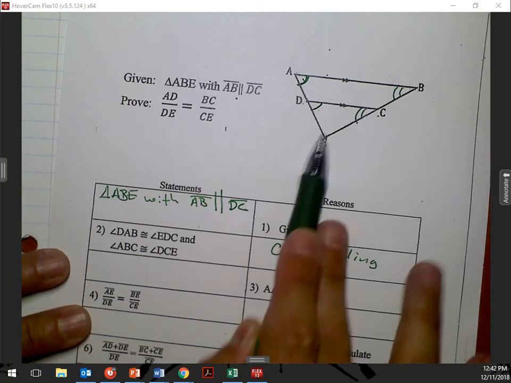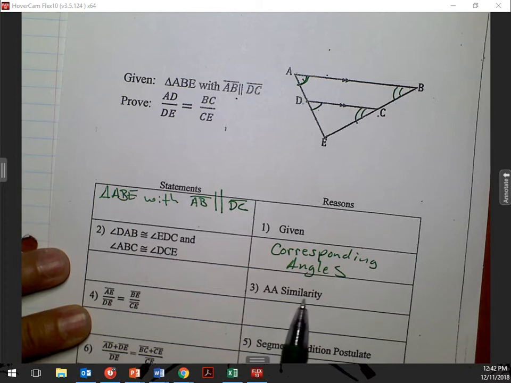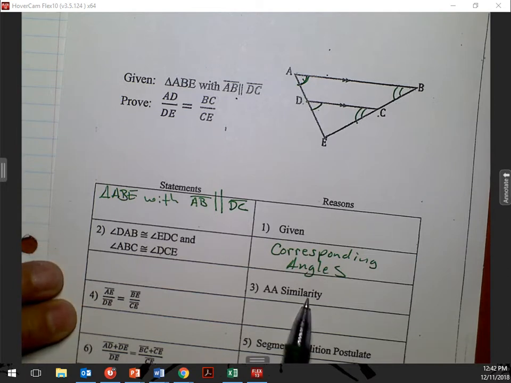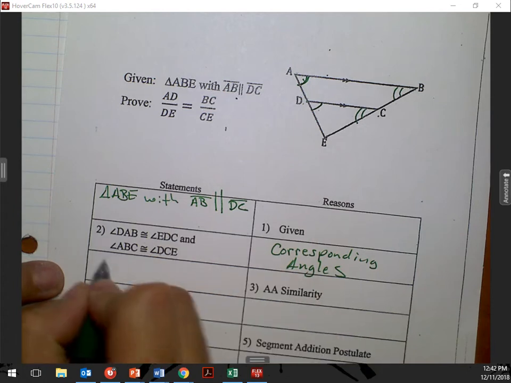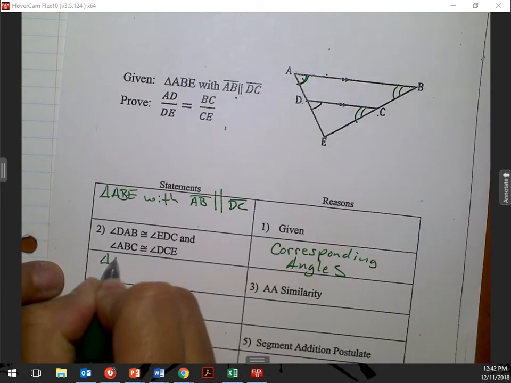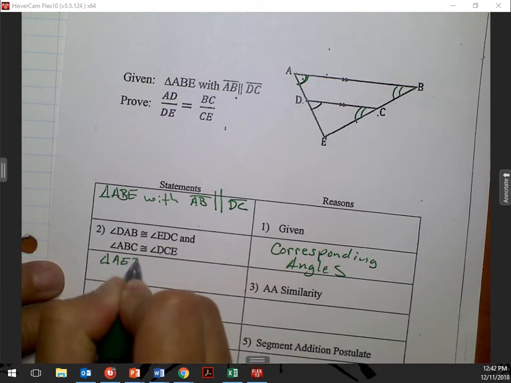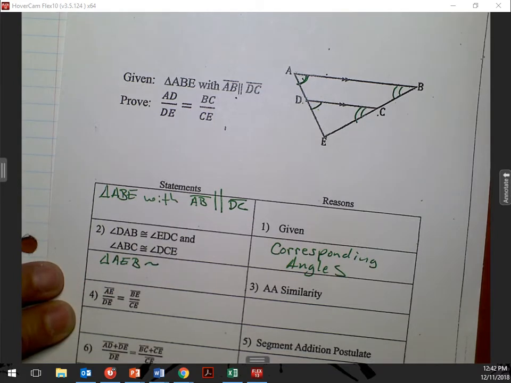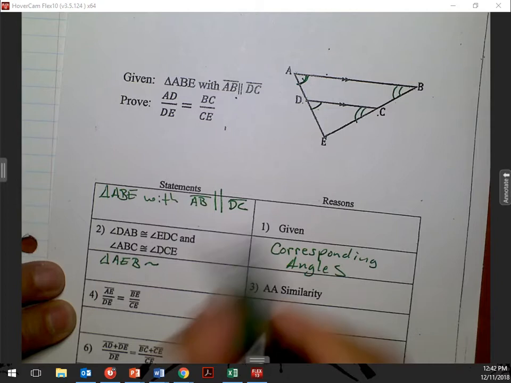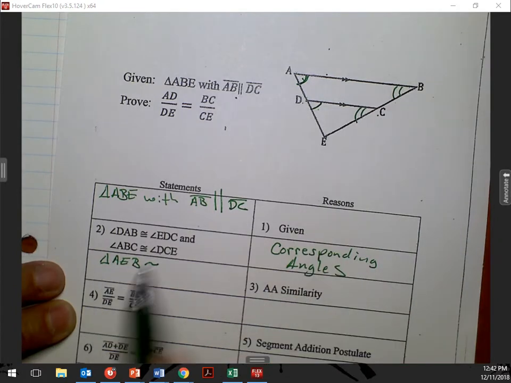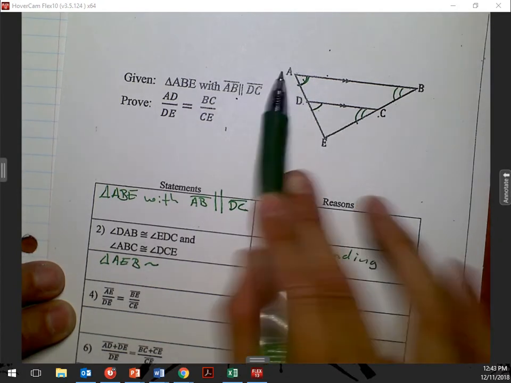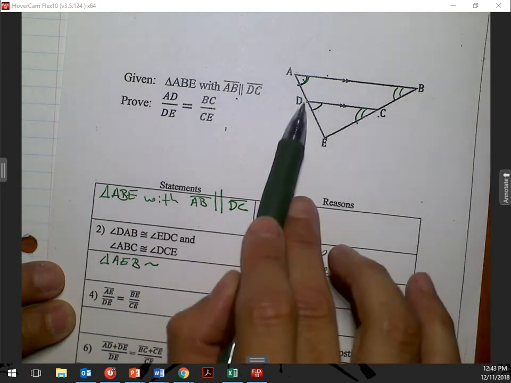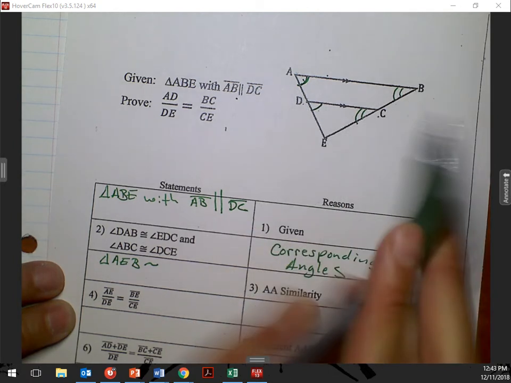So are my two triangles similar to each other? Yes, they are. Now I have to name the triangles. A, E, B. So triangle AEB is similar, here's the wavy line for similar, to what is the other triangle? If it's A, E, B, then it's going to be D, E, C. Very good.